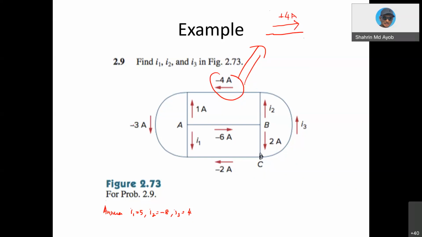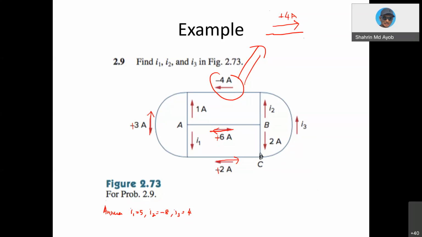Same like this, -3 ampere meaning that the direction is in reverse. If you want to have positive 3 ampere, the current should be like this. This one also, if you want to have a positive, the direction must be reversed. Same like this, +2, so the current is like this. So it's just a reversal of the direction of the current.